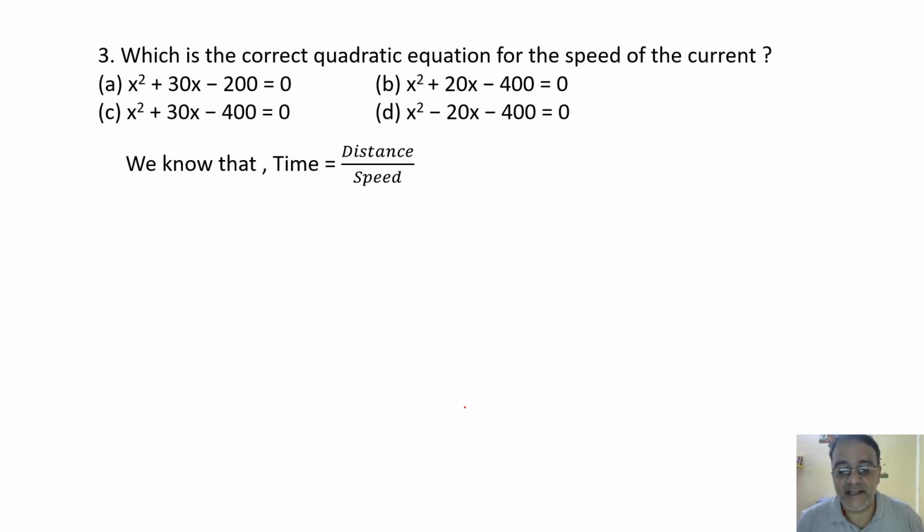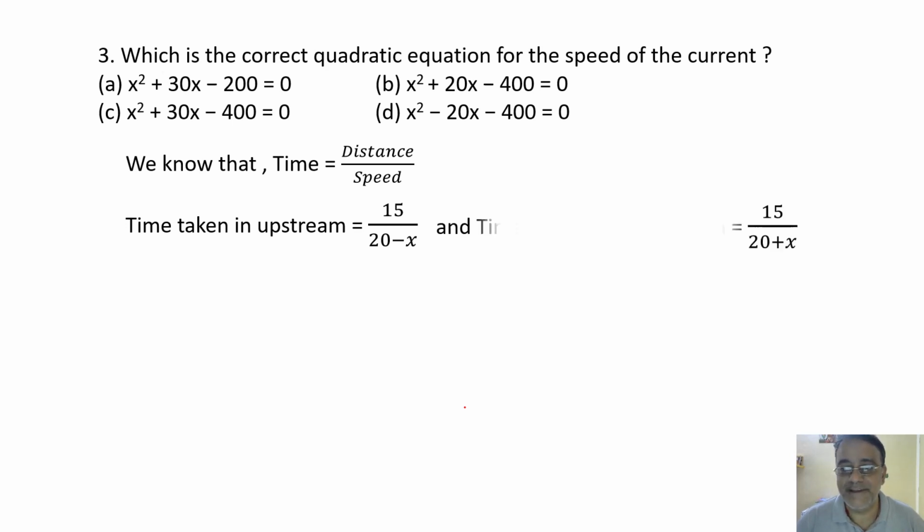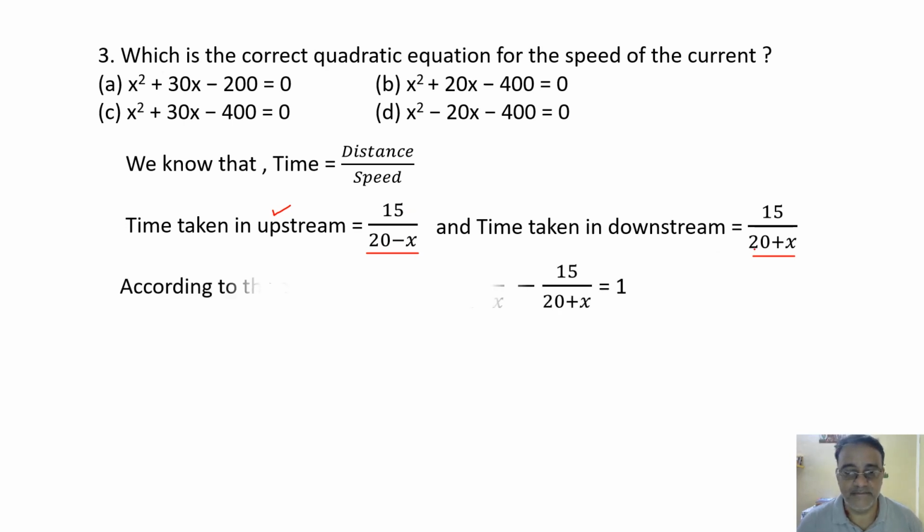So time taken in upstream is 15 by 20 minus x, and for downstream it is 15 upon 20 plus x. Now according to the question, the difference is 1 hour. Upstream will take more time, so we have to write this, whose denominator is smaller, this minus this is equals to 1. This step is clear? Yes, sir.